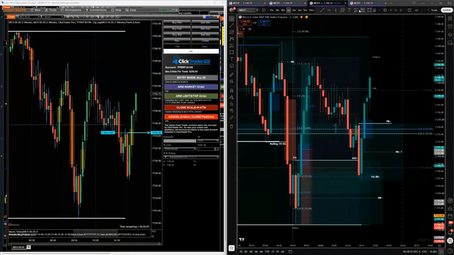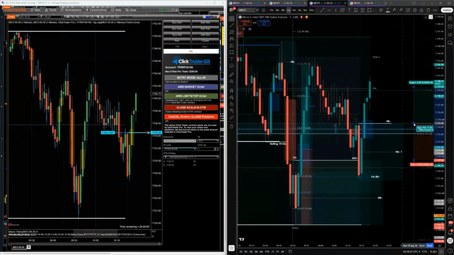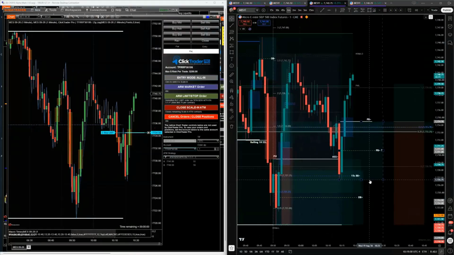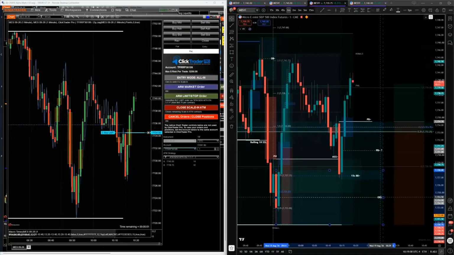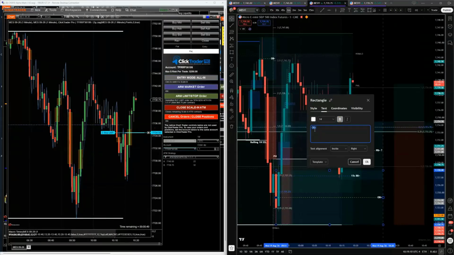If it comes back in here, stop at this low, because this is a parent order block. We need the market to pull back.